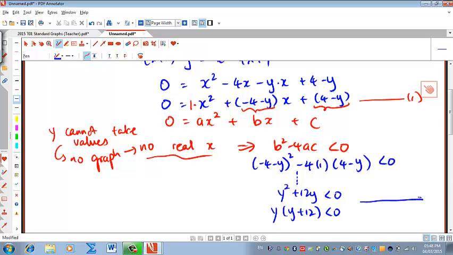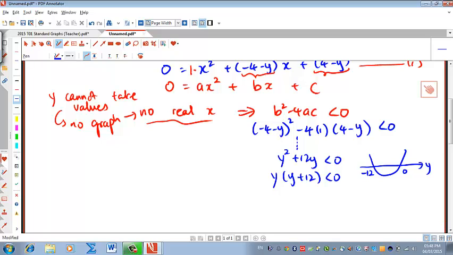Proceed on to look at the quadratic graph in y, with the roots as negative 12 and 0. To solve the inequality, we know that we should be looking at this portion of the graph, and hence y should be between negative 12 and 0.